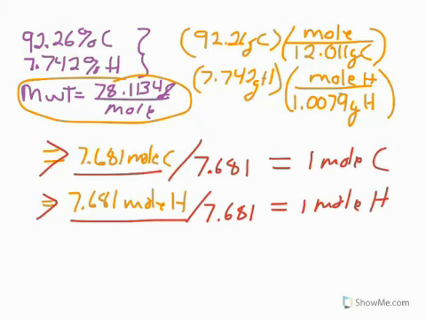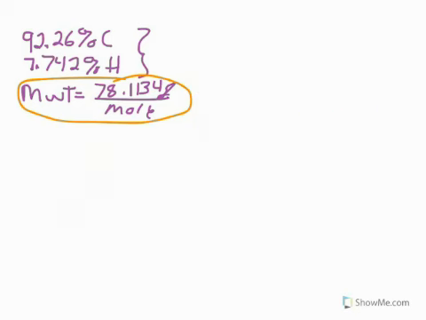So my formula, empirical formula, is CH. And that is what we did before. Now I want to get the molecular formula. So I'm going to erase all this. Hang on while I erase, and we'll start with the molecular weight. So we have found out that our formula is CH.